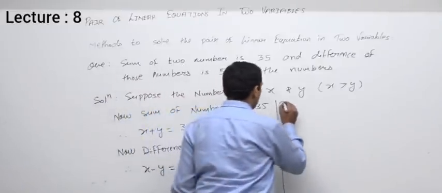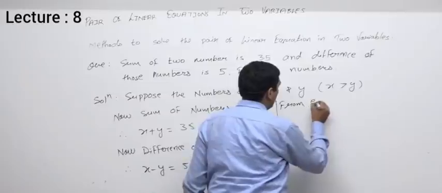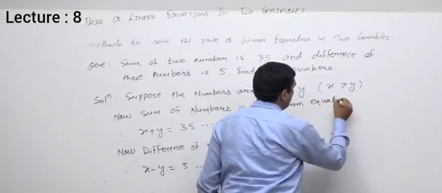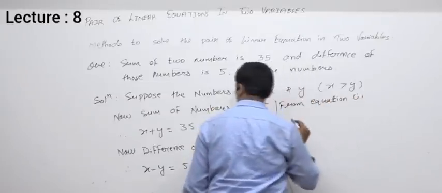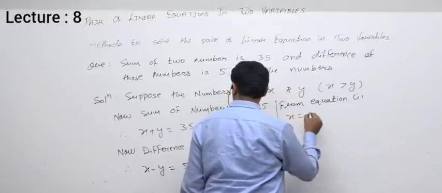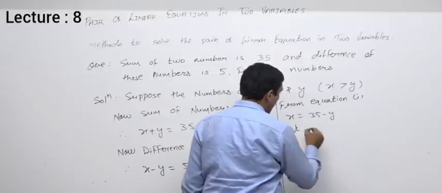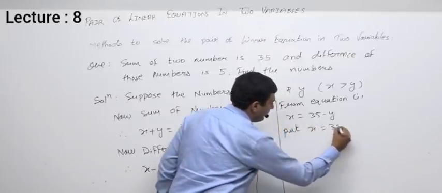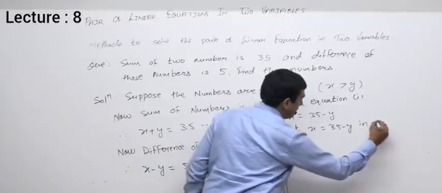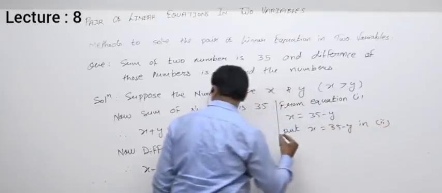So from equation 1, x is equal to 35 minus y. Now I will put x equal to 35 minus y in the second equation.